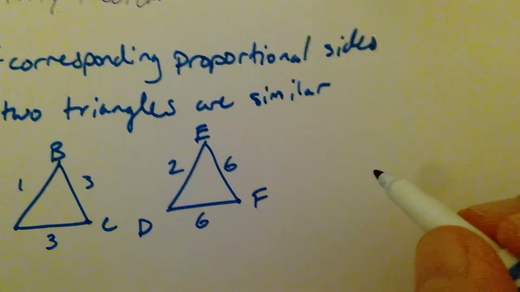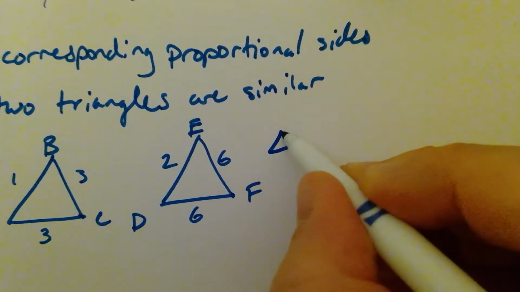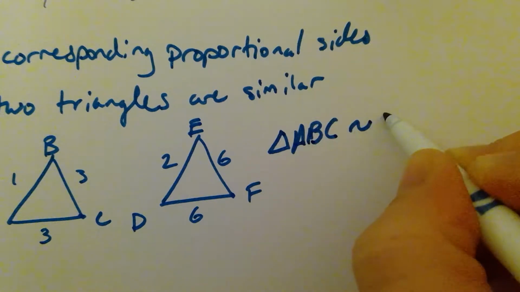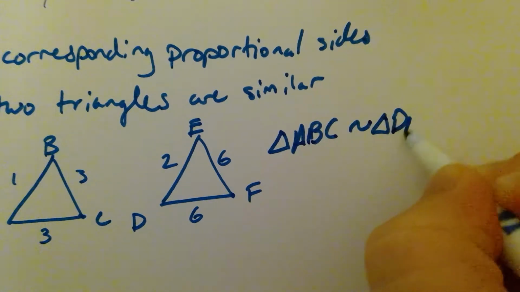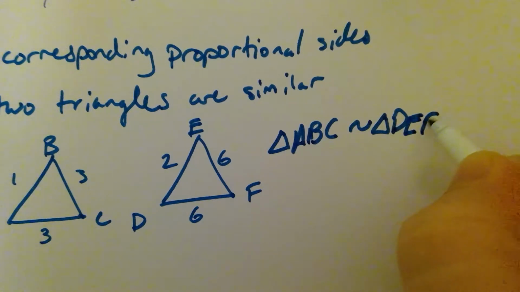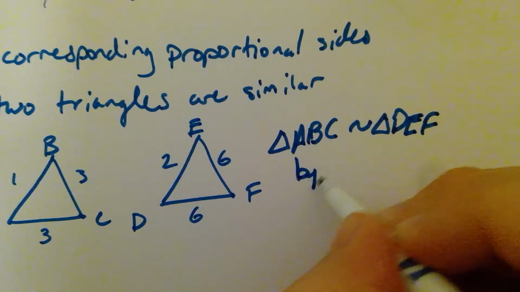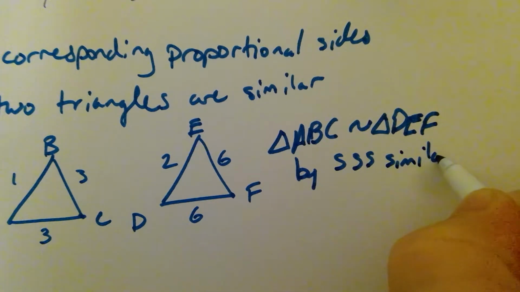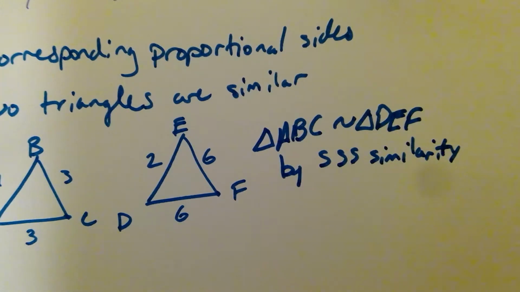So my order matters here. So I've got to say that triangle ABC is similar to triangle DEF by side-side-side similarity.